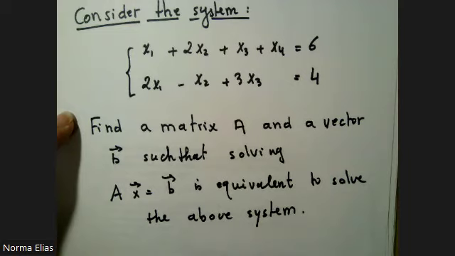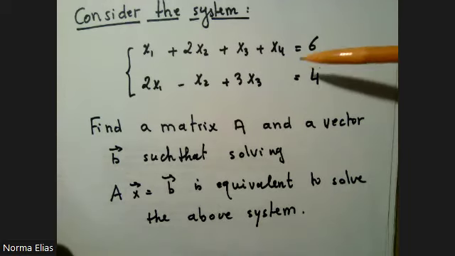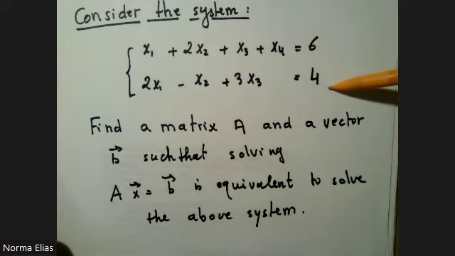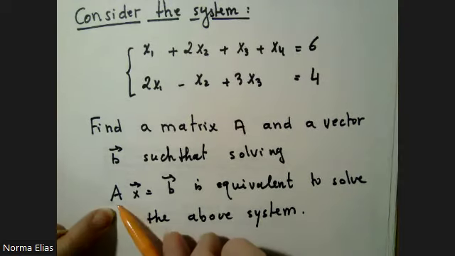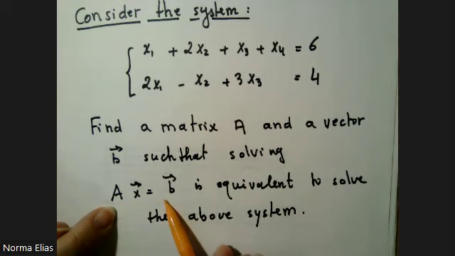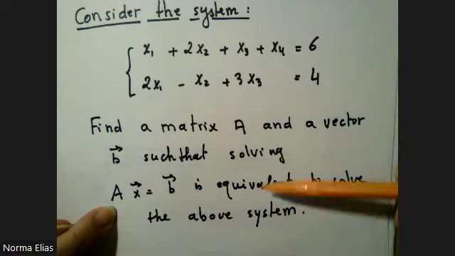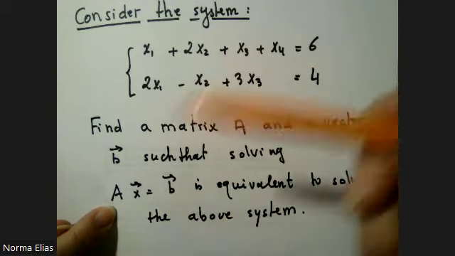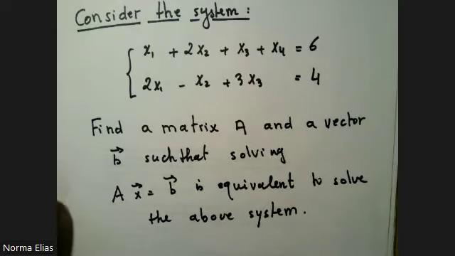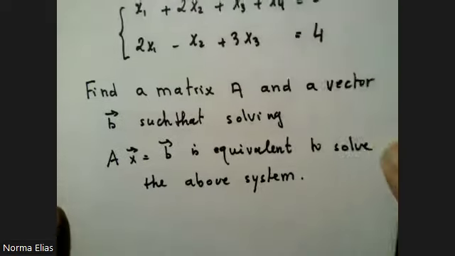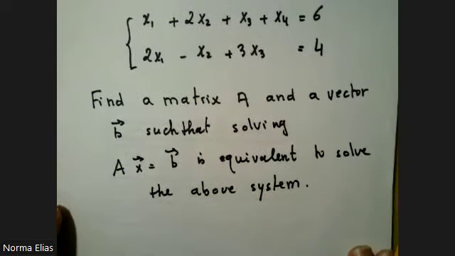The point is, as you move forward in your studying, a lot of times, instead of giving you a system written this way, you will be given something of the form AX equal to B. And our job now is to understand that solving the system is the same as solving AX equal to B. So what is the matrix A and what is the vector B?